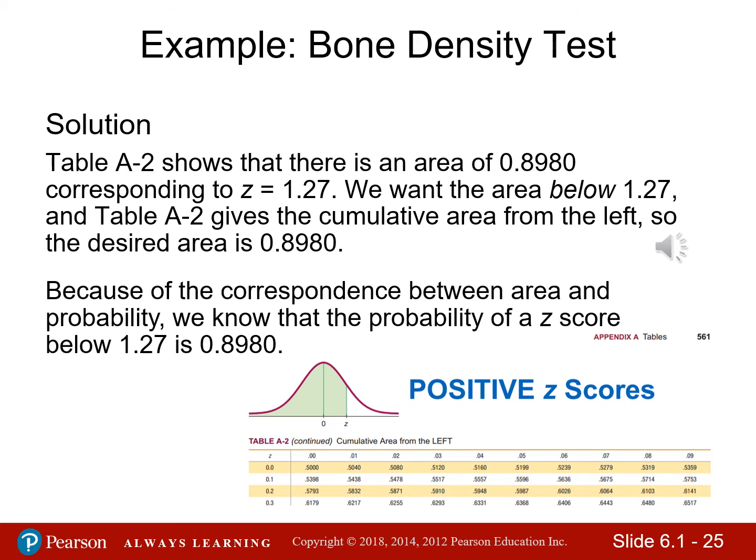We want the area below 1.27, and the area in Table A2 gives us the cumulative area from the left. So the desired area in this example is 0.8980. Because of the correspondence between area and probability, we know that the probability of a z-score below 1.27 is equal to 0.8980.